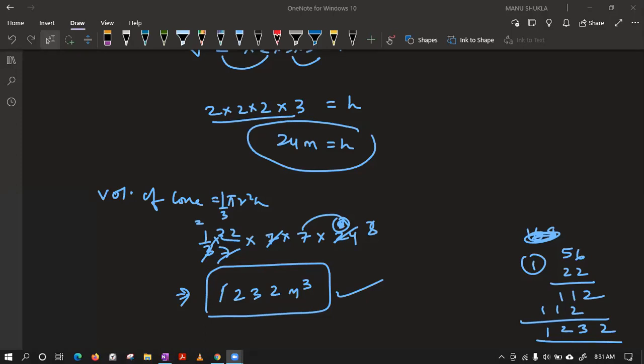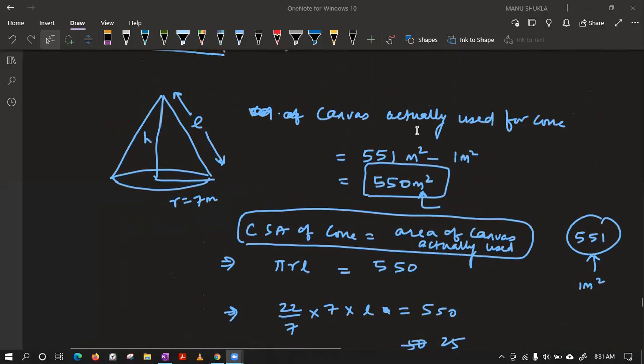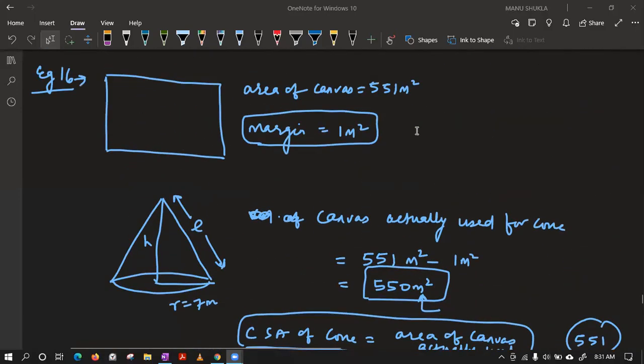Sir, I was asking, the area of the canvas has been given. So from the base of the cone, we have the radius, so we can find its area as well, the circle's area. From there, can we get the breadth of the canvas?